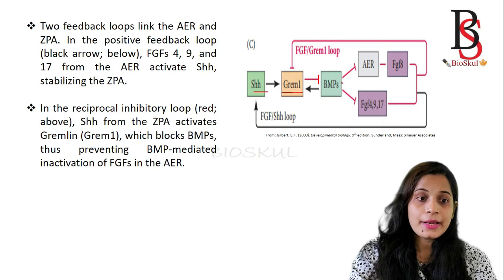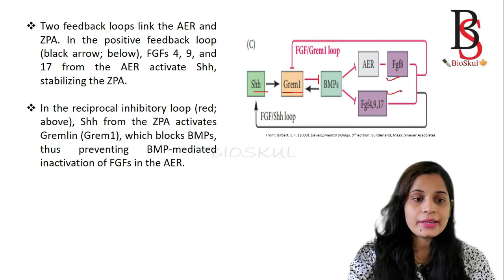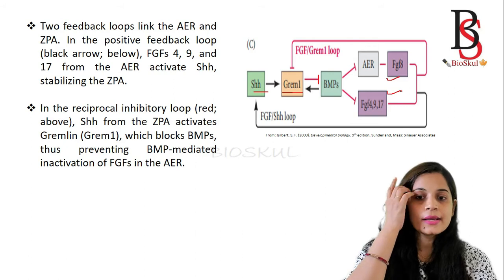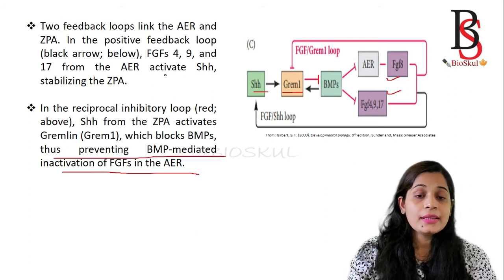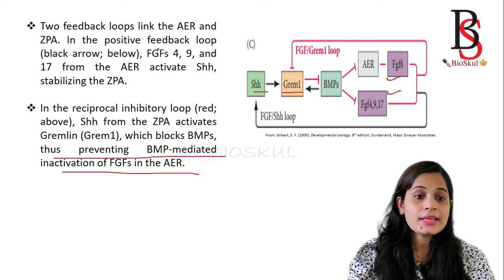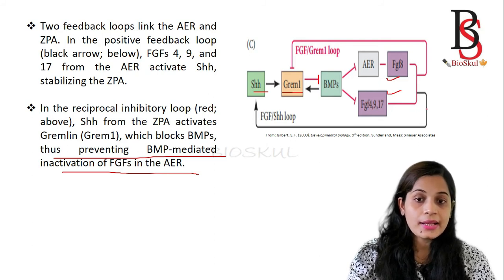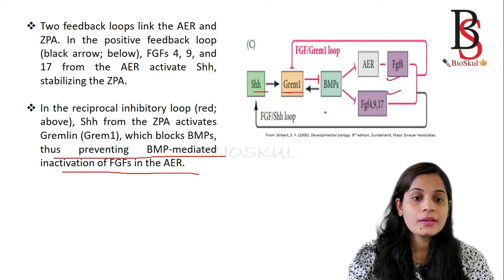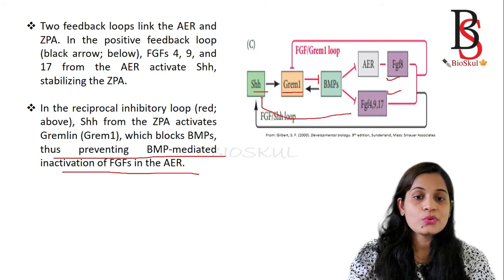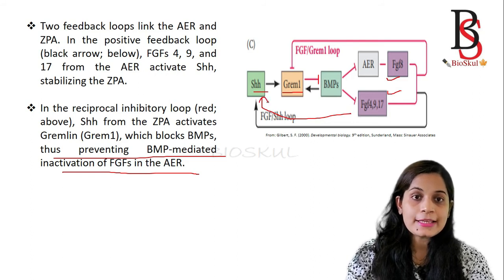Then the apical ectodermal ridge will secrete FGF8, and FGF4, 9 and 17 proteins will be secreted. Then on the other hand, what will happen? These FGF4, 9 and 17 from the AER will activate the SHH, that is the sonic hedgehog protein, stabilizing the zone of polarizing activity.